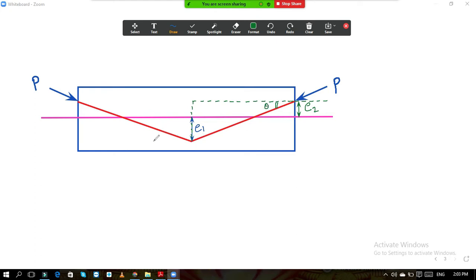And if I draw a similar line at the bottom, then this angle is also theta. Now what will be my total eccentricity? If you see this much distance, this is your E2. So this total triangle I need to consider. This is my angle theta.